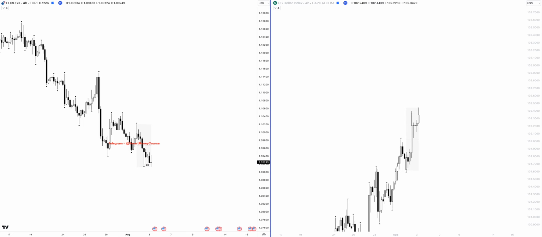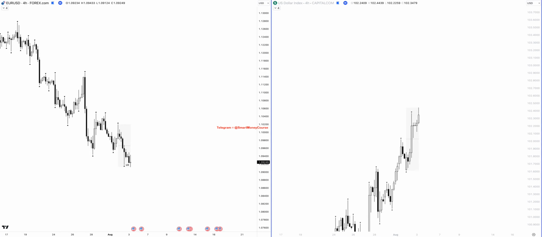The likelihood is we're going to be heading for this imbalance here, or these highs, or even these equal highs. That's what moves the market, liquidity. It's like a magnet, remember that. So we'd be looking for buys here, technically, on EU.